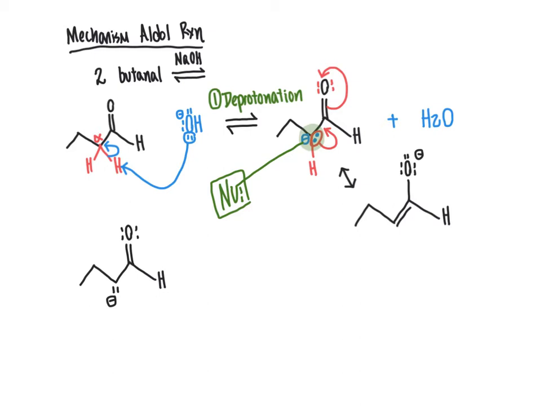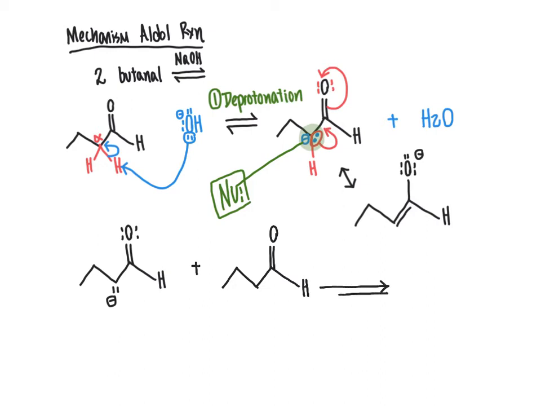So in this reaction, in our mixture that contains this enolate intermediate, remember that the acid-base reaction is in equilibrium, meaning there's also some of this unreacted butanal present as well. And so what happens here in the second step of the mechanism is that the deprotonated butanal is going to find another molecule in the container that still has its alpha proton.